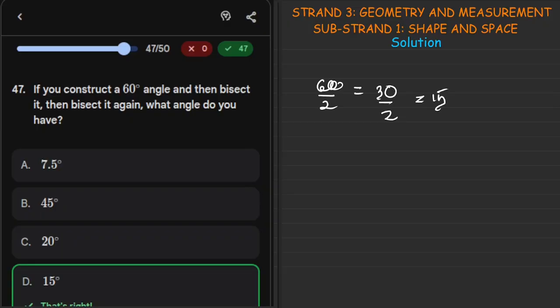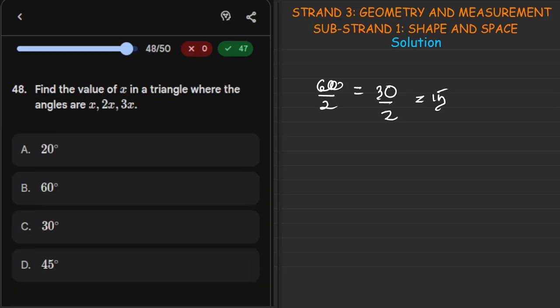Question number 48. It says, find the angle X in a triangle where the angles are X, 2X, and 3X. Take note, when it comes to a triangle, we know the sum of its interior angles always sums up to what? 180.